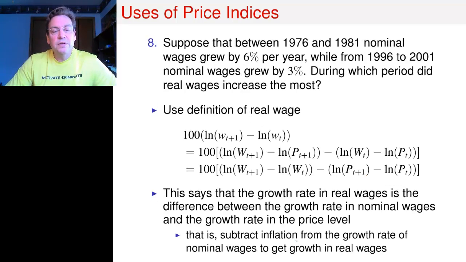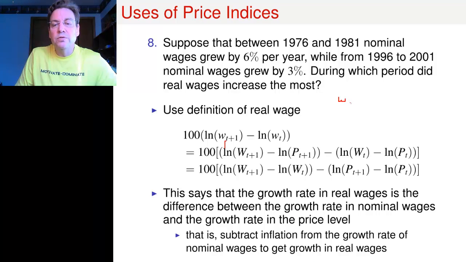Now what I'm doing is an example where we're taking wages, which are in dollars, and converting them into goods. So we're computing what the real wage is. Well, the real wage is just going to be the nominal wage divided by the price level. So we've written this stuff in terms of logs.